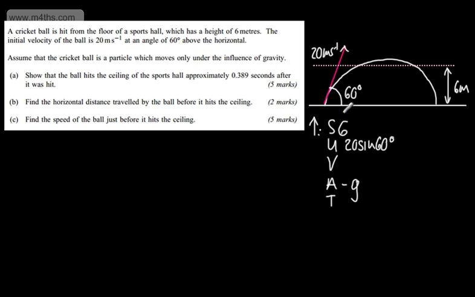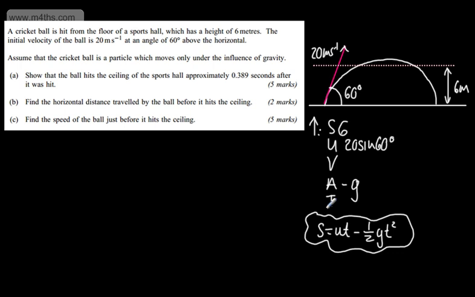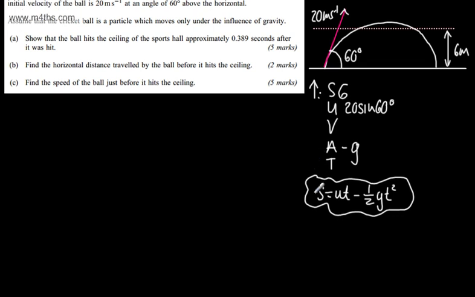So I've taken 6 now to be positive as I'm going upwards. We know that s is equal to ut minus 1/2 gt squared. So all I'm doing is using the constant acceleration equations, and I'm considering motion now in the vertical plane.